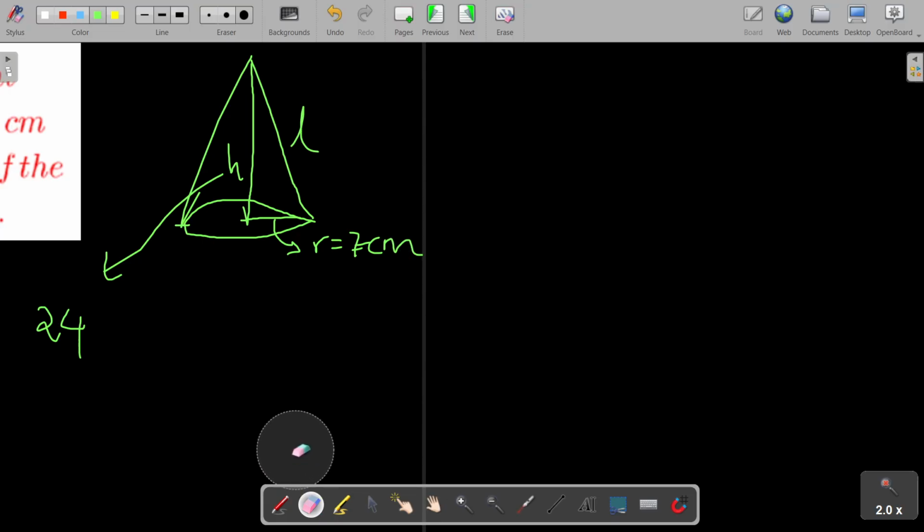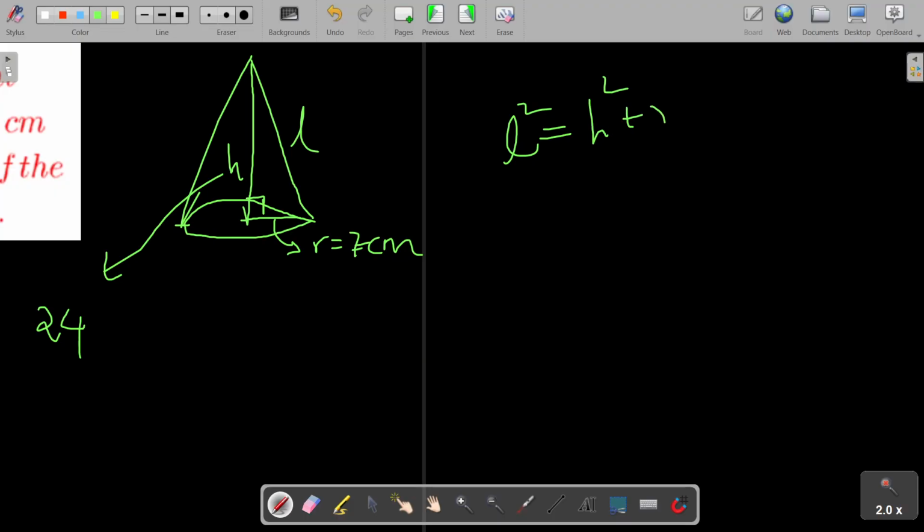So to calculate that, we know that this is a right angle triangle, and I can use l squared equal to h squared plus r squared by the Pythagoras theorem. Here we have h as 24 squared plus r as 7 squared.